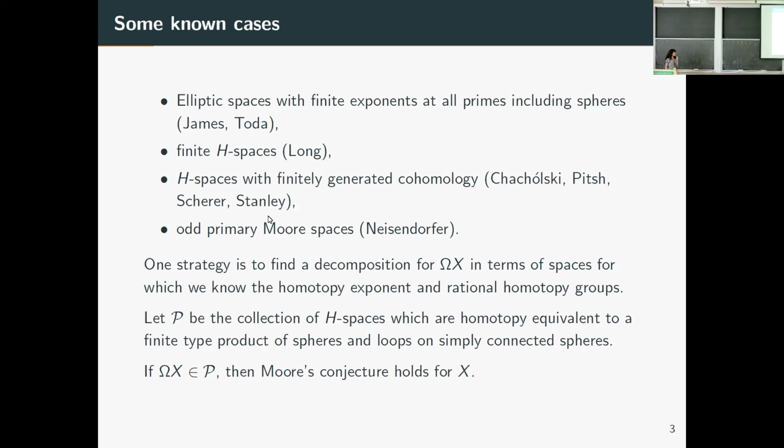So if we let P be the collection of H spaces which are homotopy equivalent to a finite type product of spheres and loops on simply connected spheres, if the loop space of a space X is in P, then Moore's conjecture holds for X because we know the homotopy exponents for spheres and we know their rational homotopy groups.